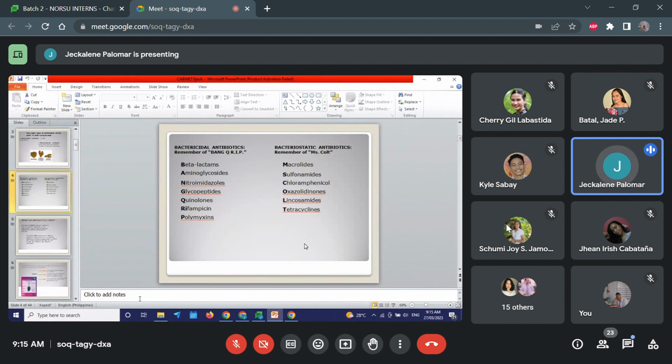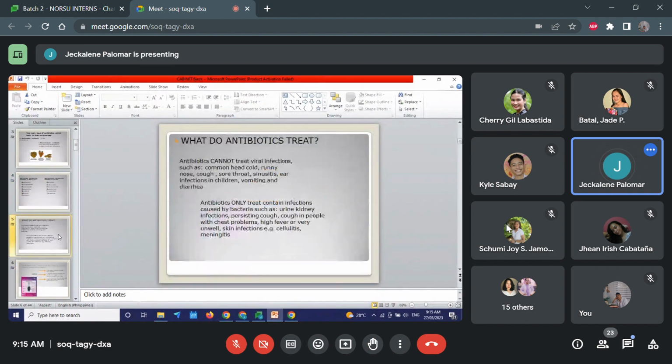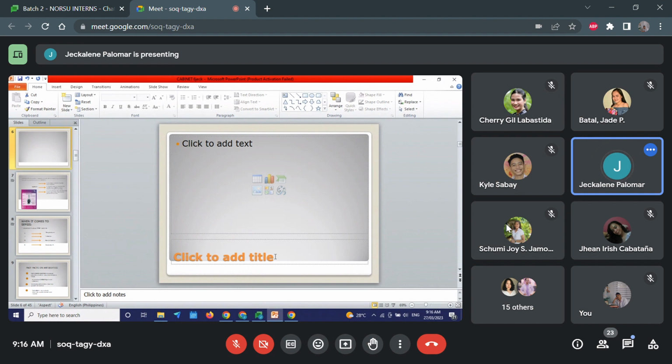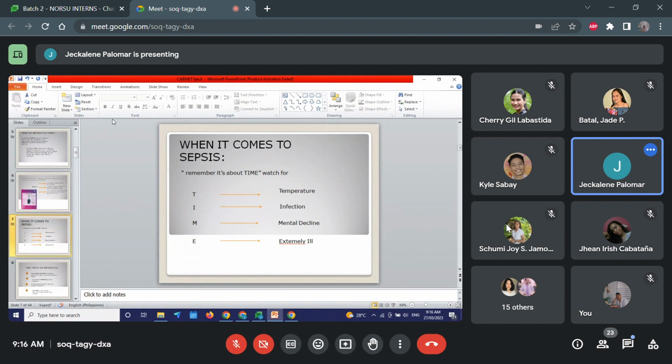And then for sepsis, you have to remember this about the patient. So, this is the assessment of whether the patient is ill.